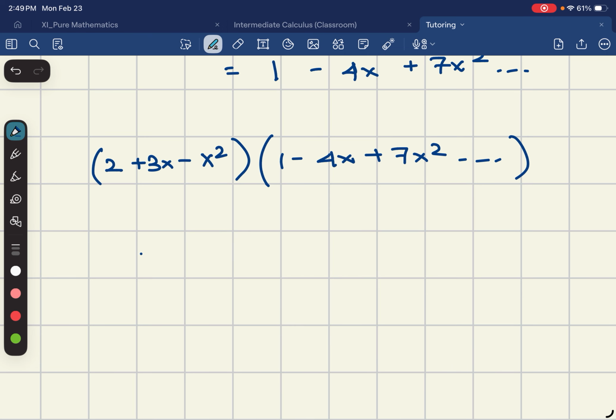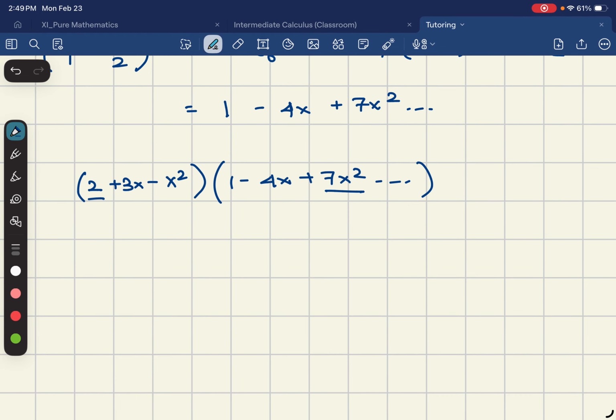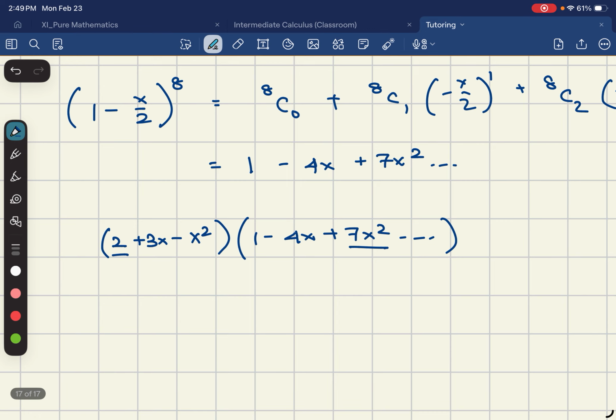So I don't need to do all the calculations. I can multiply 7 and 2. That gives me an x squared term, right? So I think I copied the question wrong the first time I did it. So if I multiply 7x squared times 2, that gives me 14x squared.